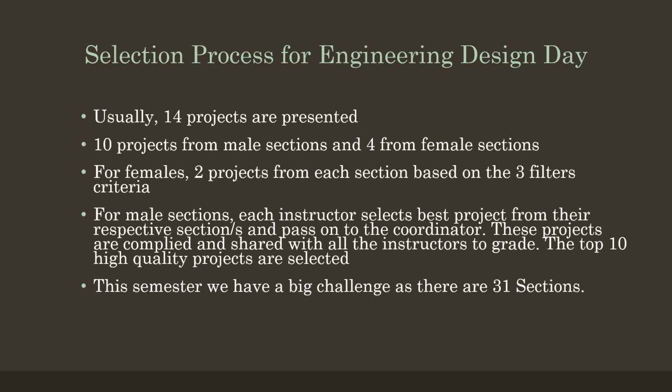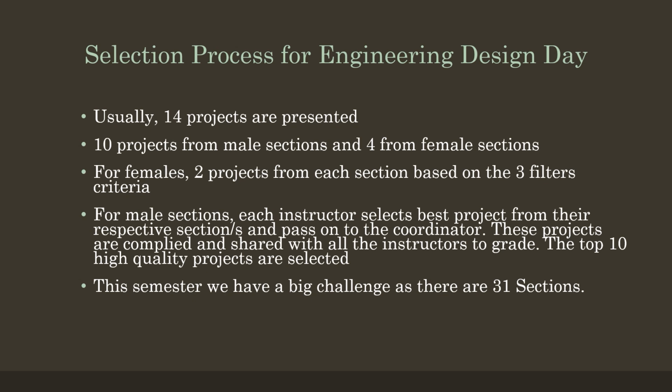In the past, we used to take one project from every section and present them, so that all the instructors and all the sections take part. But we found out with time that in that case we would not necessarily always get the best projects, because some sections might have all brilliant projects, and some sections might have all projects at a normal or medium level.